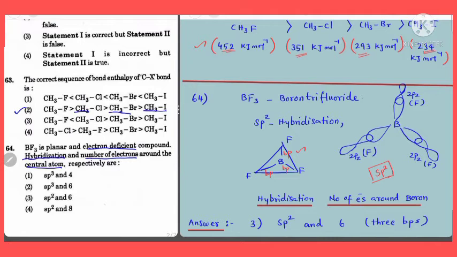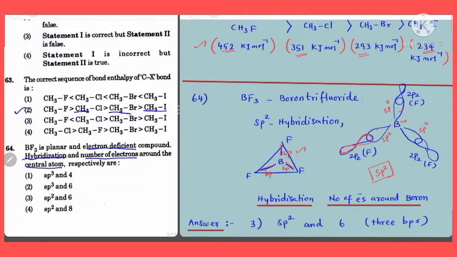As a result, the boron atom will form 3 sp2 hybridized orbitals. The 3 sp2 hybridized orbitals of boron undergo linear overlapping with the pz orbitals of 3 fluorine atoms, and in this way they form 3 boron-fluorine sigma bonds.